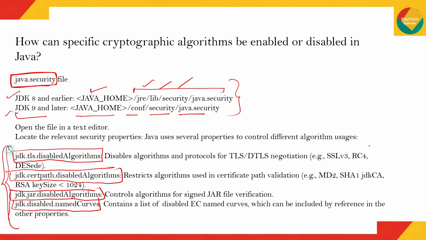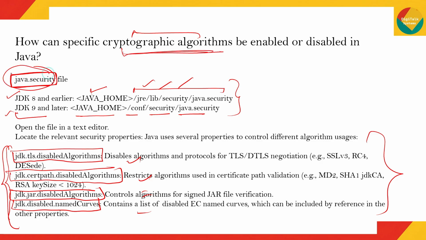You do not need to understand the purpose of each and everything. If you get this kind of question, you can just say that the cryptographic algorithms are defined in the java.security file, and in Java 8 this is the path, but in Java 9 this is the path. If you need to enable or disable any cryptographic algorithm, you go to this particular section in the file and comment out the particular cryptographic algorithm, and that will get disabled or enabled.